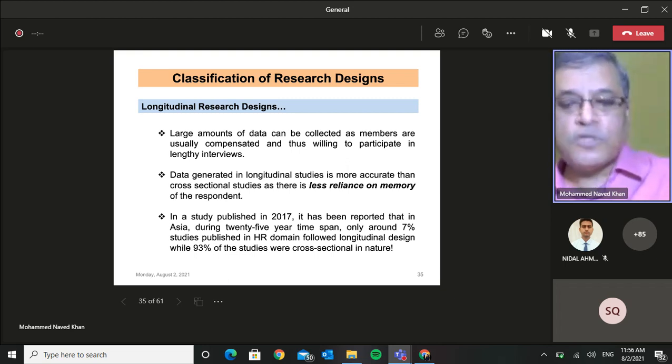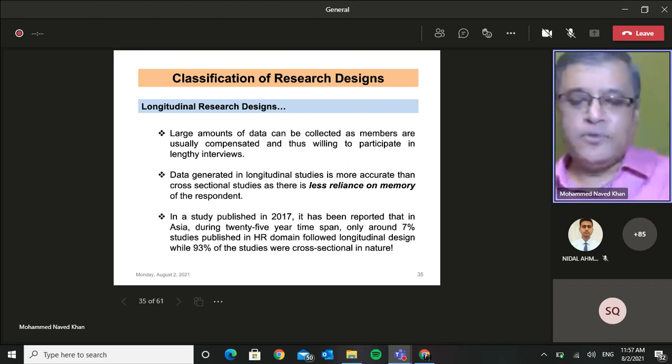It supports what I discussed earlier, that we as researchers or students of social sciences generally do not go for longitudinal studies because of the paucity of resources; we don't have that much time or money to back up those kinds of studies.